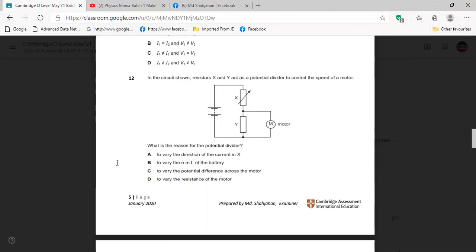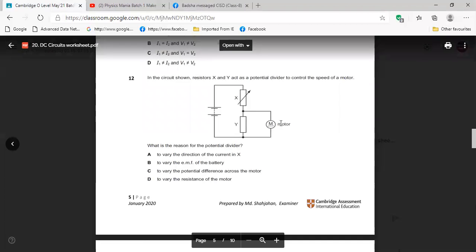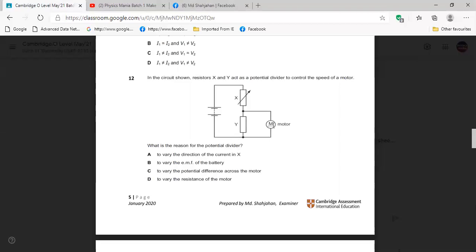If you control the speed of a motor, that means if you give more voltage, then the speed of the motor will be more, isn't it? If you do the reverse, then speed will decrease, right? Yes, sir. So how is it happening?